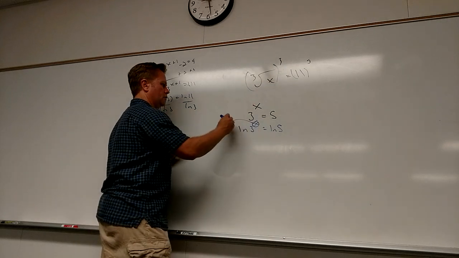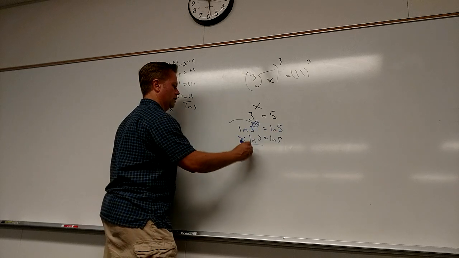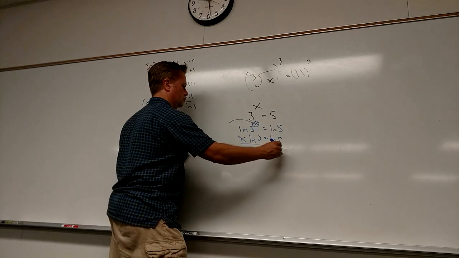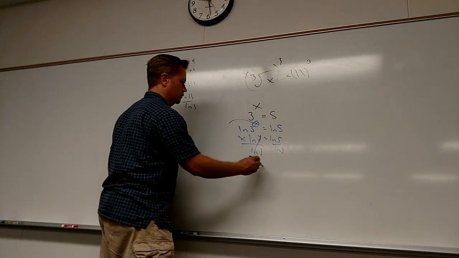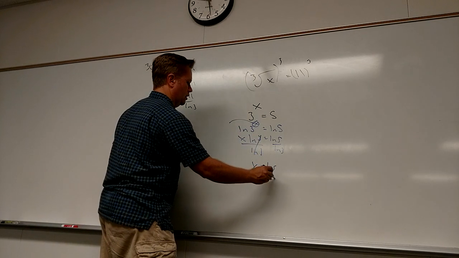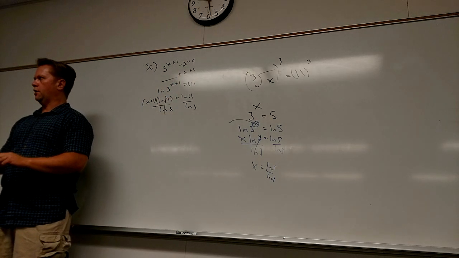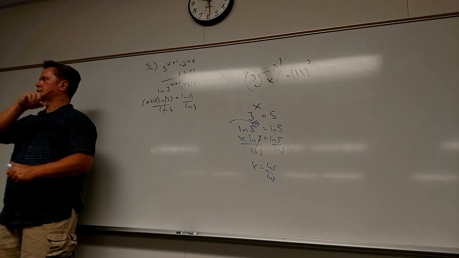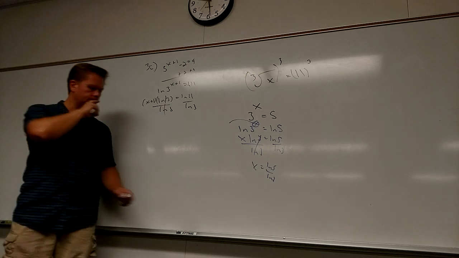Then that can come down, and I can divide by ln3 and be done. So x equals ln5 over ln3. I am not rewriting an exponential into a logarithmic form. I'm using natural log to solve the equation. Different idea.